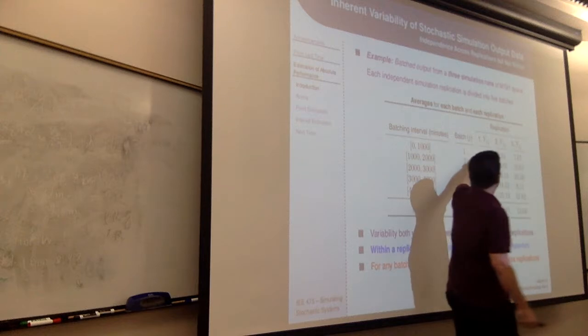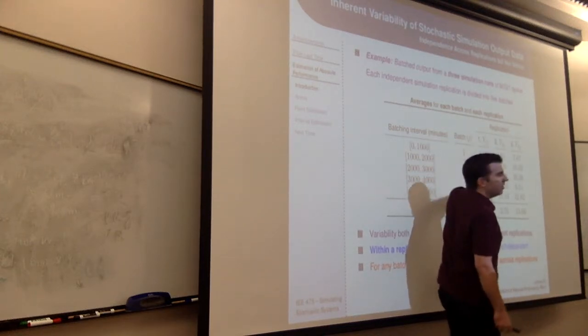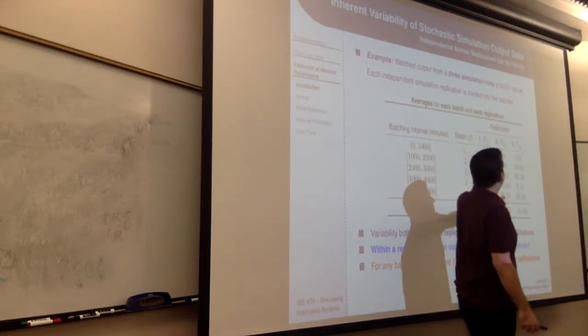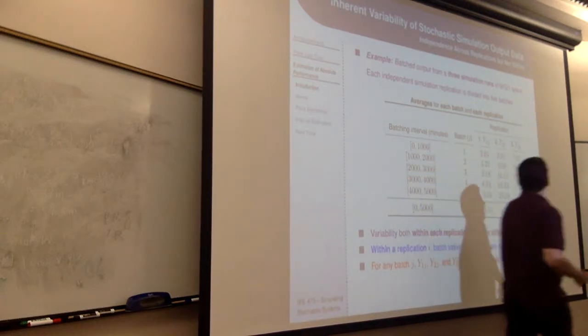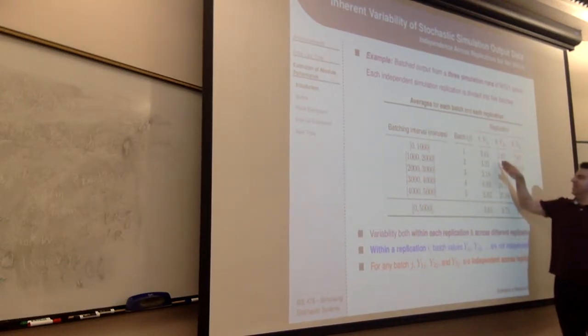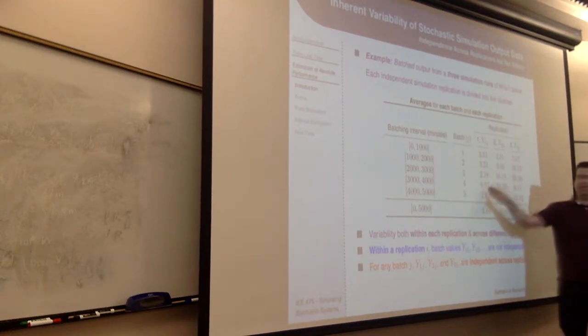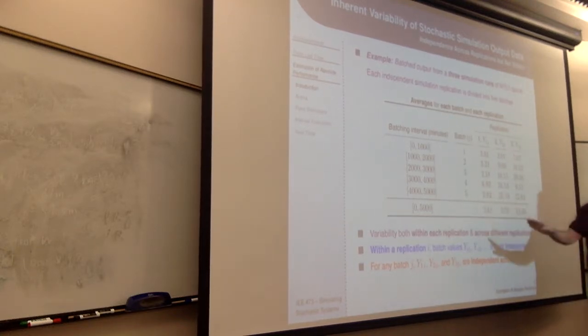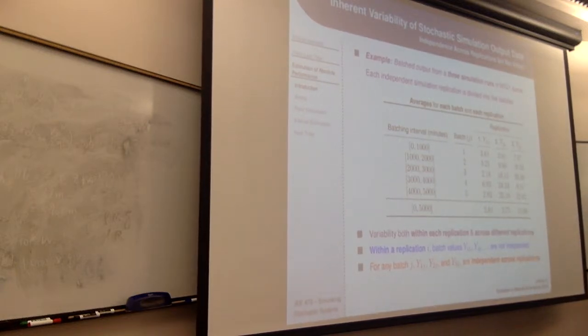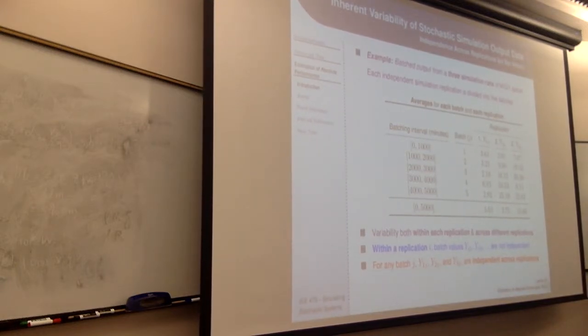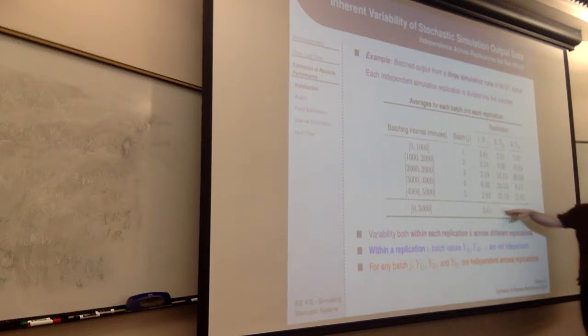So there might be correlation between these within a replication, but if we choose different random number seeds across replications, then because this uses a different seed, these numbers should not be related to these numbers. So because we have independence this way, we might expect that all of our t-tests, ANOVAs, or whatever might be applicable across.